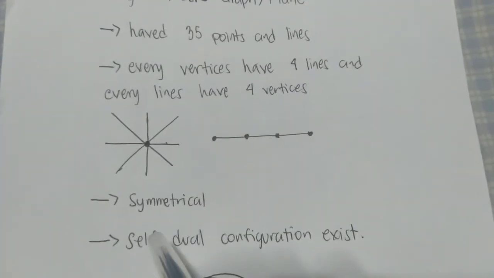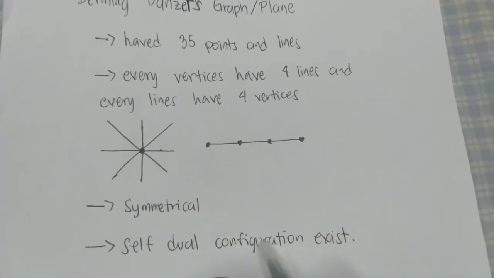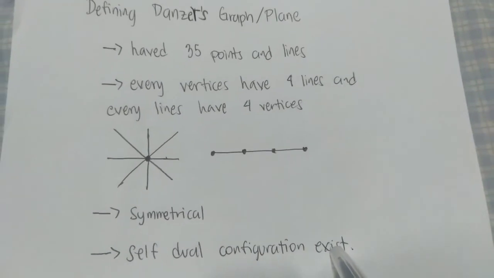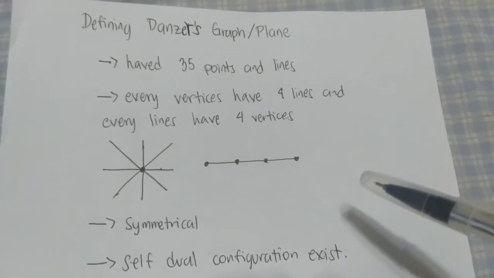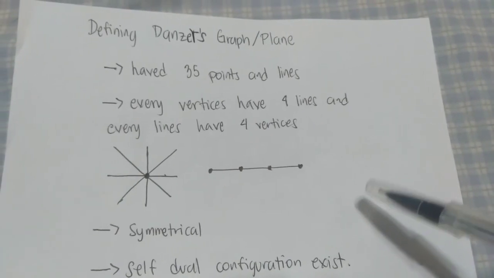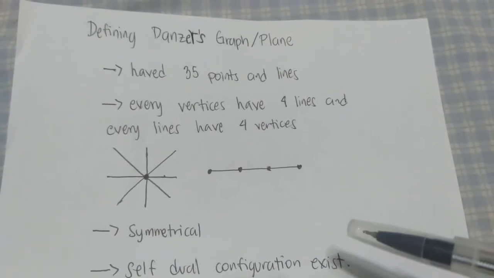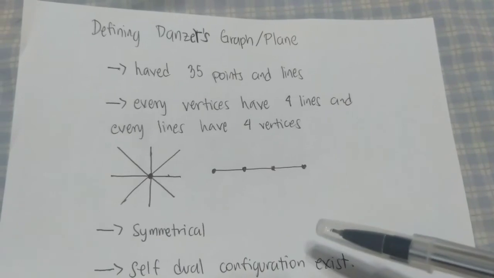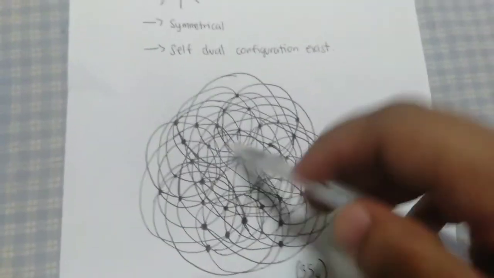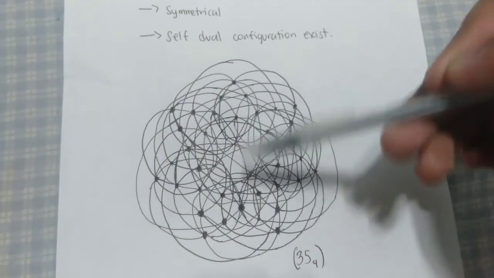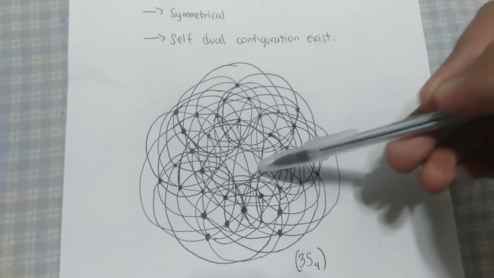And lastly, a self-dual configuration exists. If a self-dual configuration does not exist in a plane, then the Danzer graph or configuration does not exist. So if we look at this plane, this is the Danzer configuration plane.